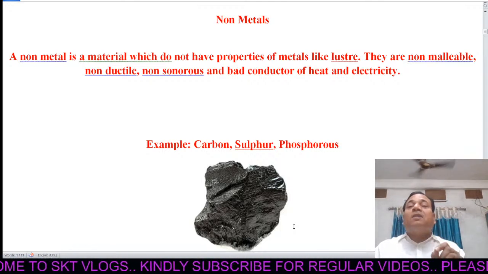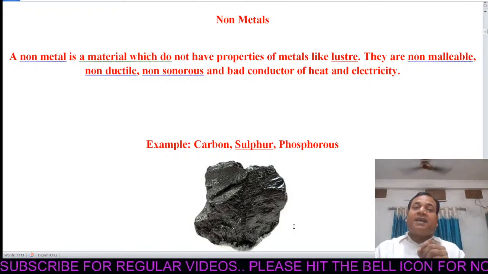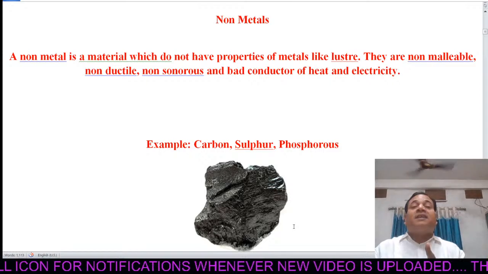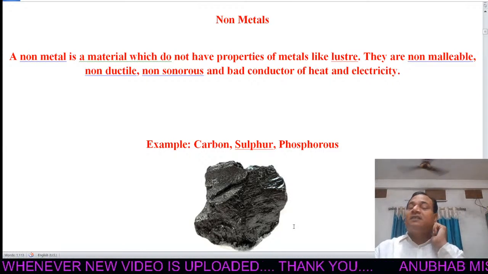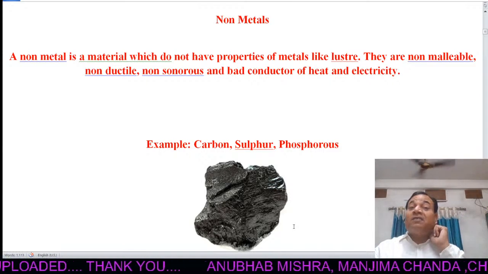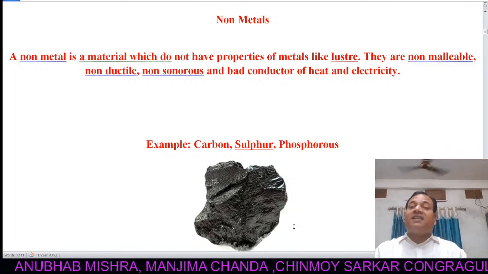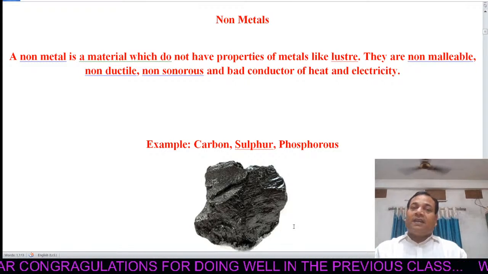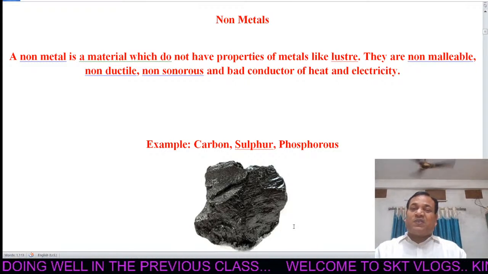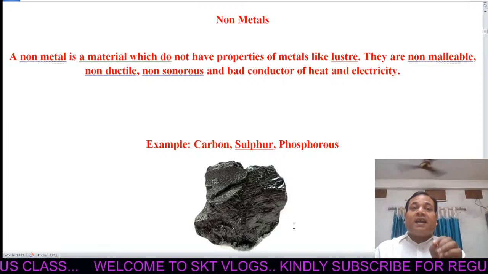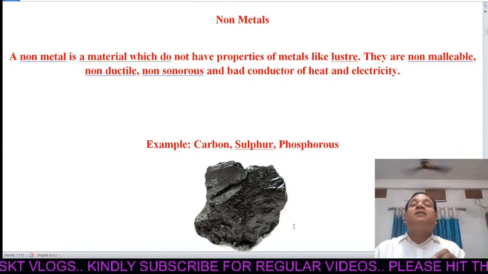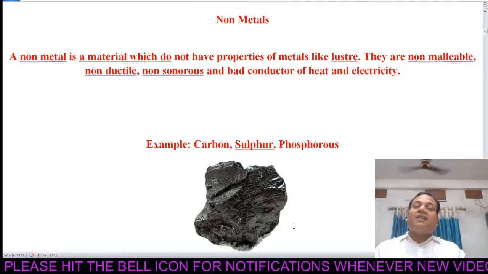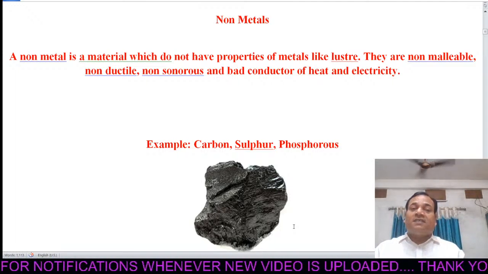They are non-malleable, non-ductile, non-sonorous and bad conductors of heat and electricity. लेकिन सारे नॉन मेटल बैड कंडक्टर ऑफ हीट एंड इलेक्ट्रिसिटी नहीं होते हैं। In upcoming paragraphs you will see there are some non-metals which are good conductors of heat and electricity, and that is the exception.